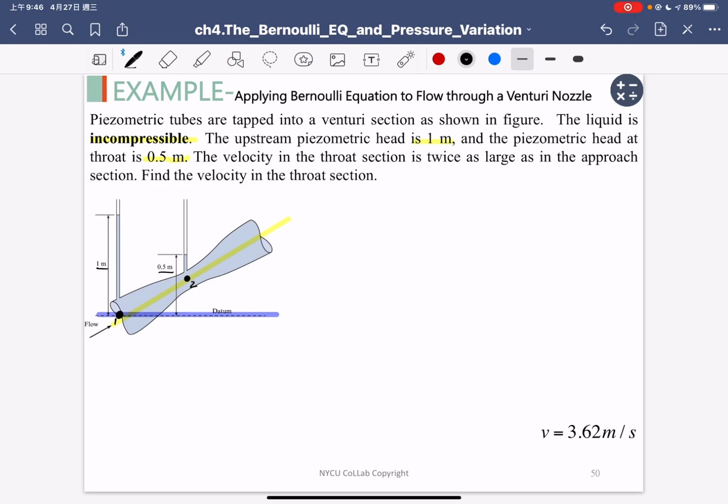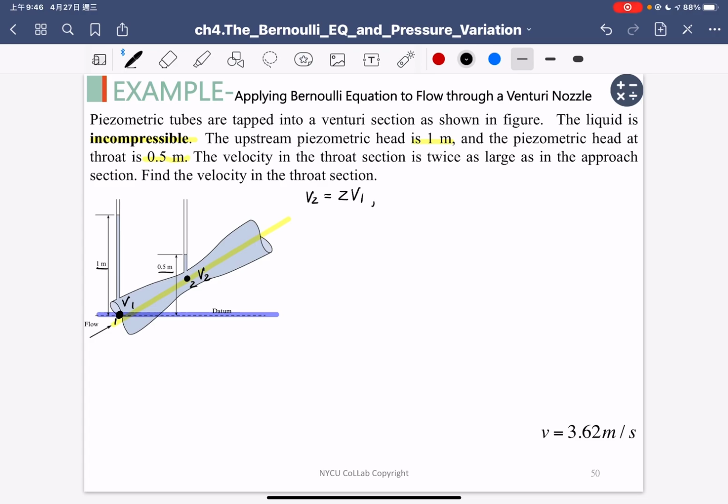So that indicates the V2 velocity. There is the V2, right? The velocity here. There is the V1. We only know that the condition is V2 is 2 times V1. Okay, this is our condition.